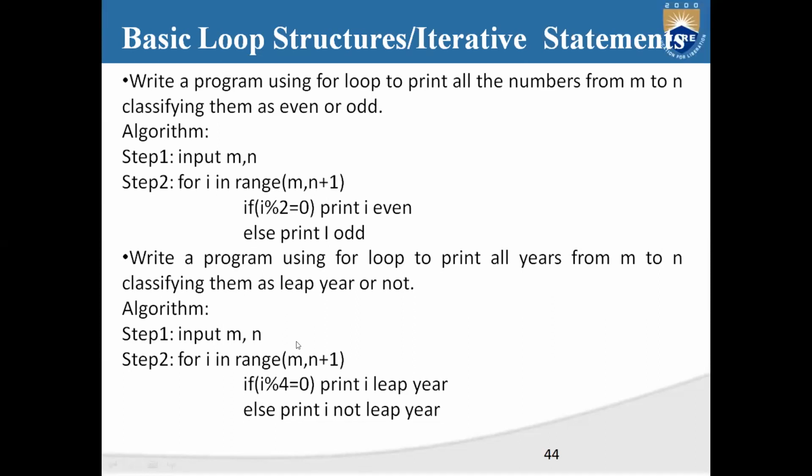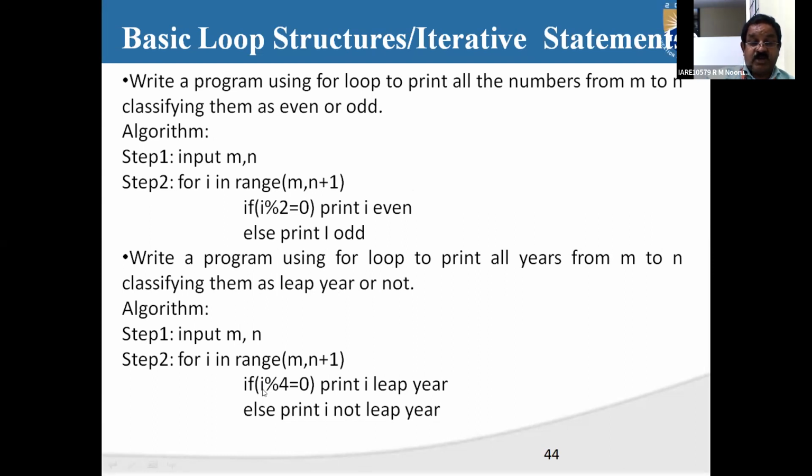No, sir. Right. Next, in the same fashion, you can make use of for to print whether a year is a leap year or not. You are going to enter the range. Say, for example, if I want the range from 2000 to 3000, in between 2000 and 3000, how many leap years are there and which years are not leap years?